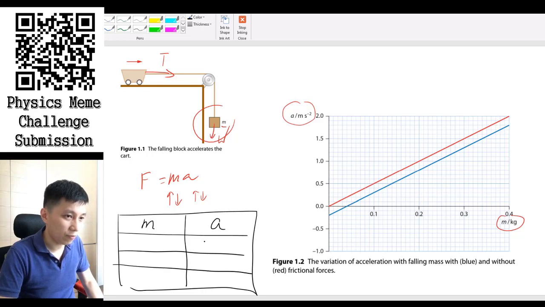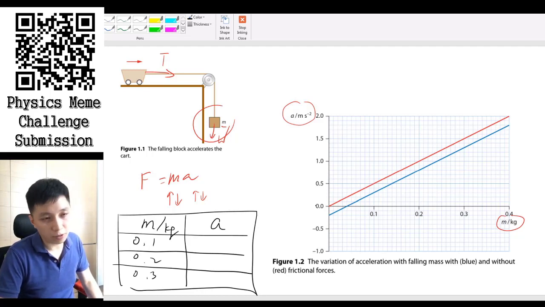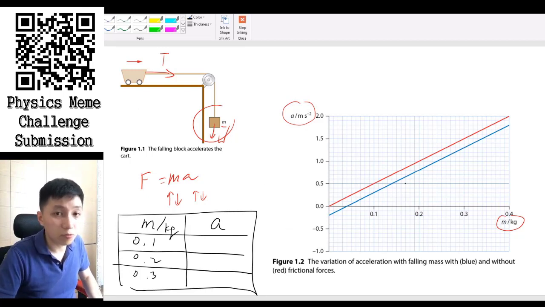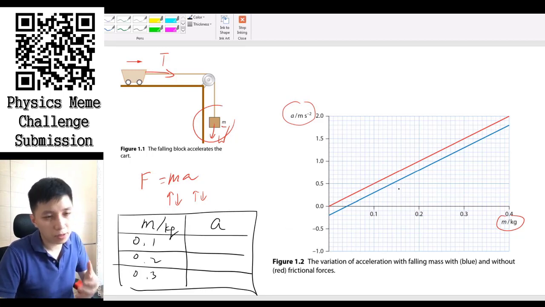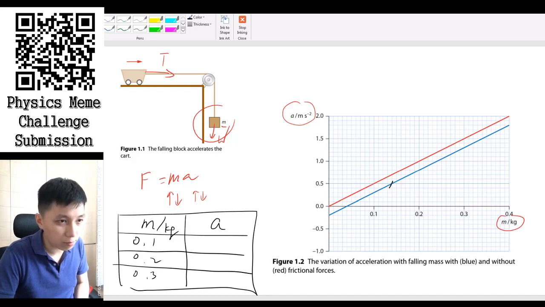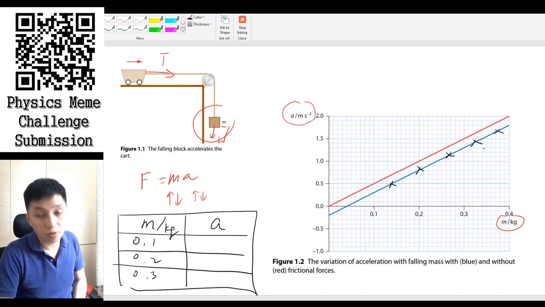Maybe it starts with, say, 0.1, 0.2, 0.3 in kg on the x-axis, and then a will be the corresponding acceleration. In his or her experiment, the raw data, when plotted on the graph, will probably look like this, a few dots like this.